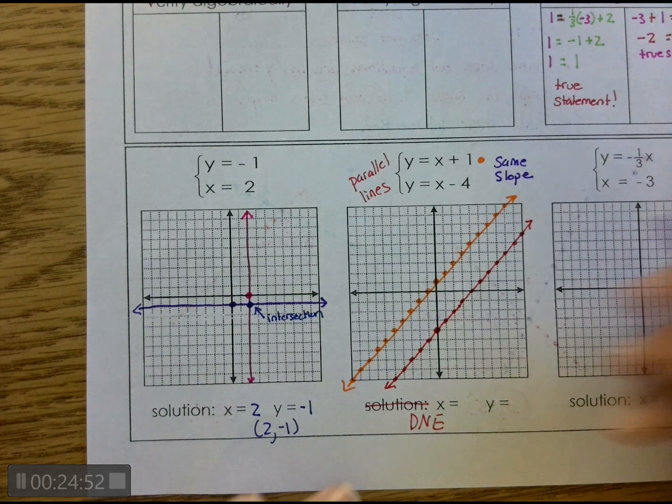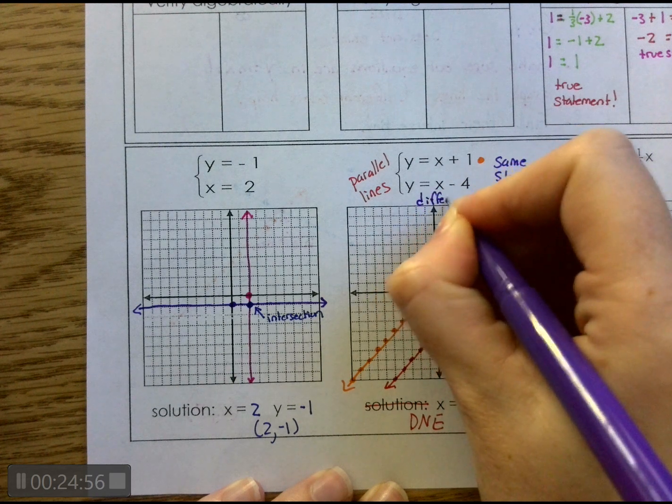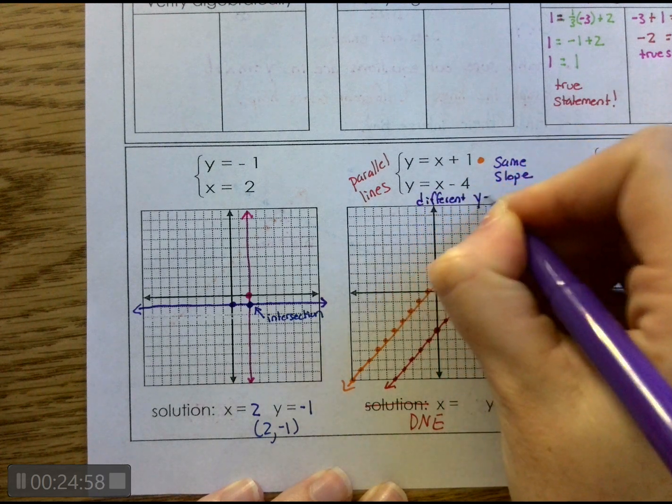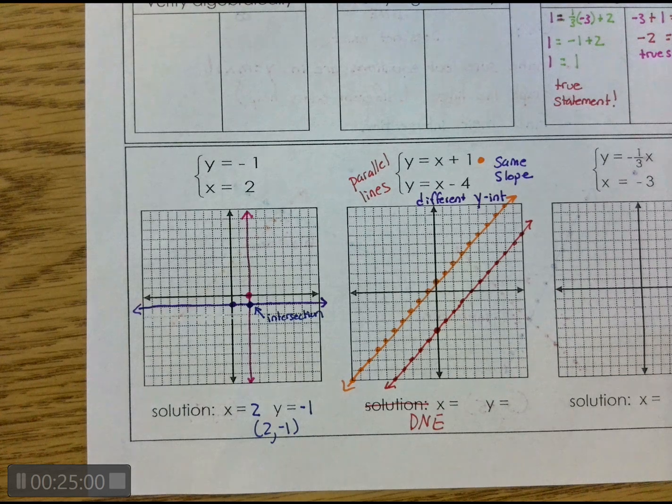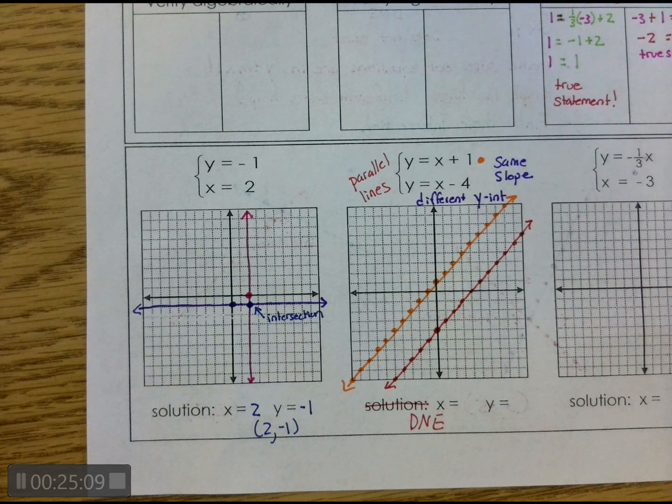When it has the same slope and different y-intercept, then you are going to have parallel lines. Now, when you have the same slope and same y-intercept, that's going to be the same line, and that's when you have your infinite solutions. Alrighty. And now we can look at our very last one.